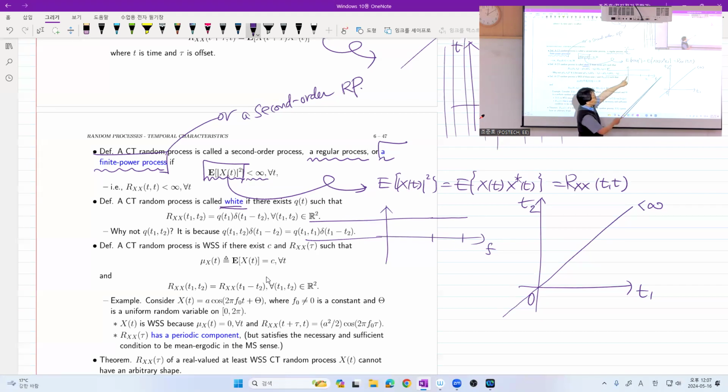Just consider very, very high frequency, higher and higher frequency. What does that mean? Your signal can change very fast, right? Amazingly fast. What does that mean? If you take a sample at some time t0, and if you take a sample at time t1 very close to t0, what will happen?